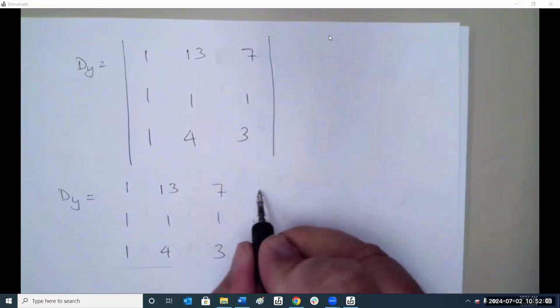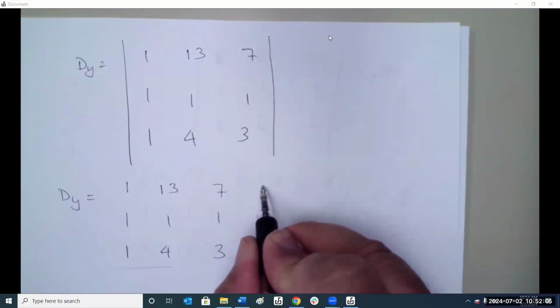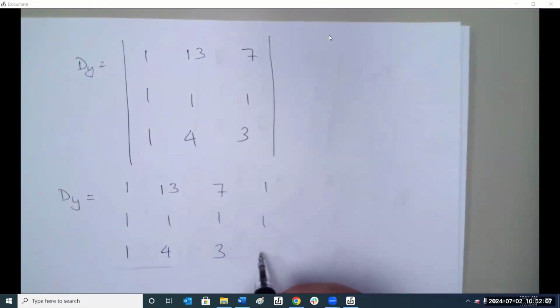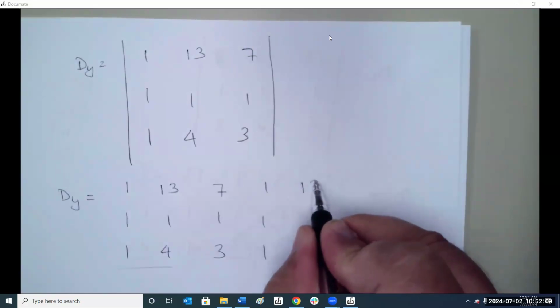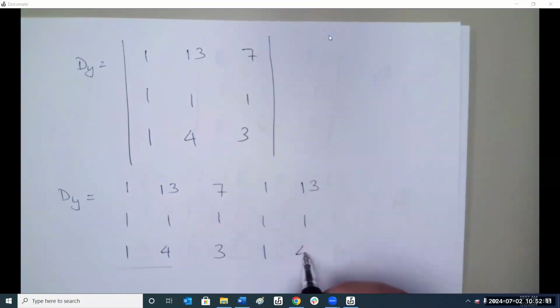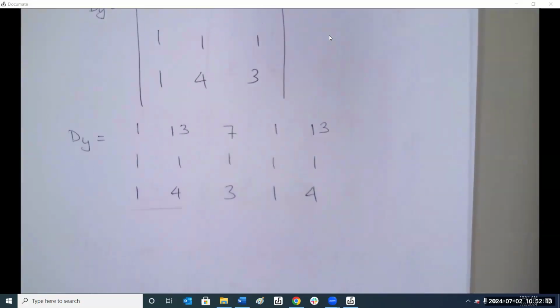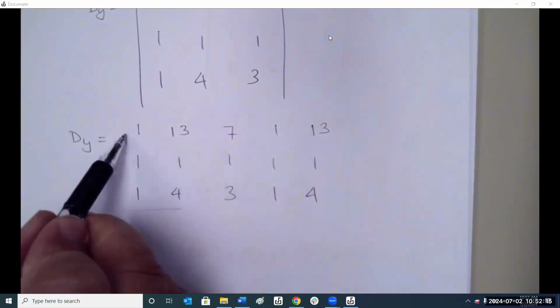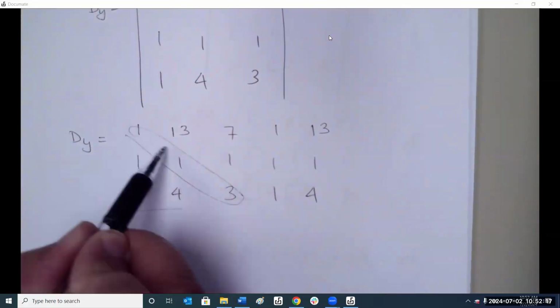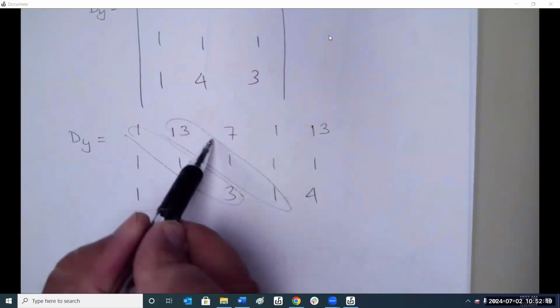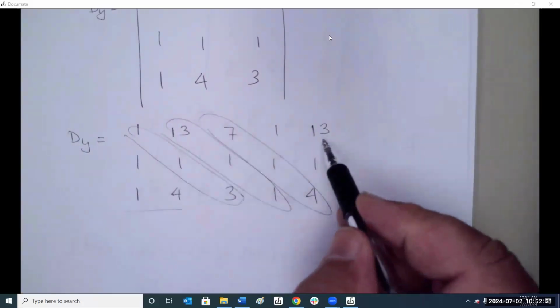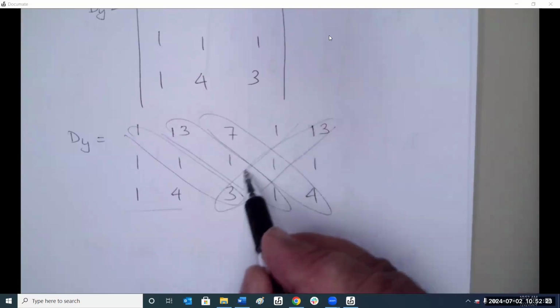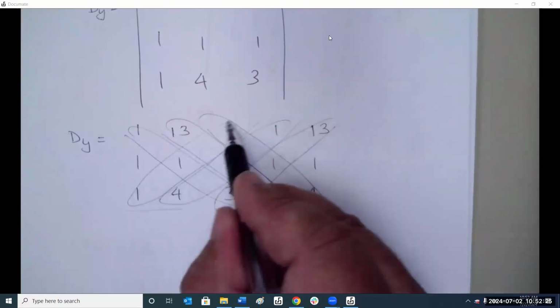Copy the first 2 over. And diagonals. Those, and those. Minus these, and these.